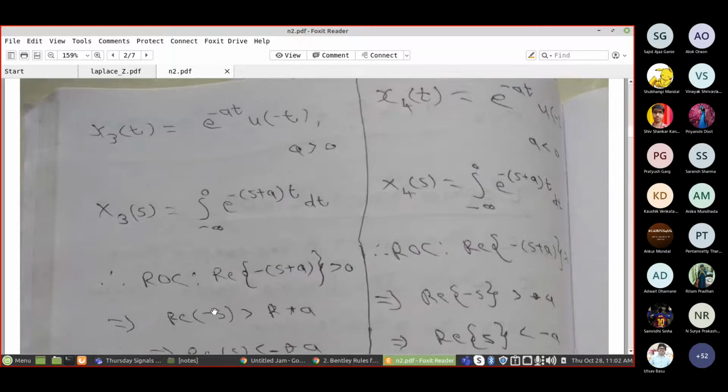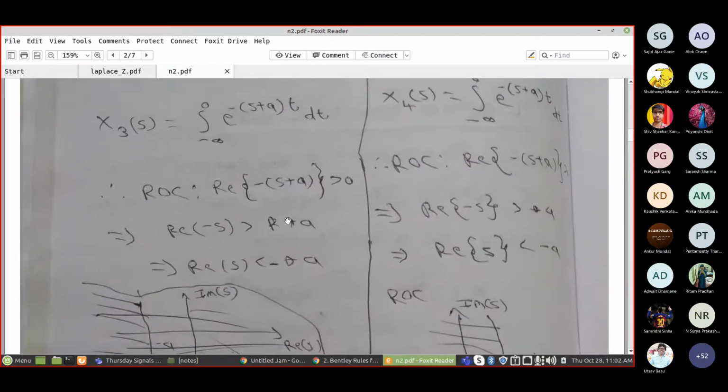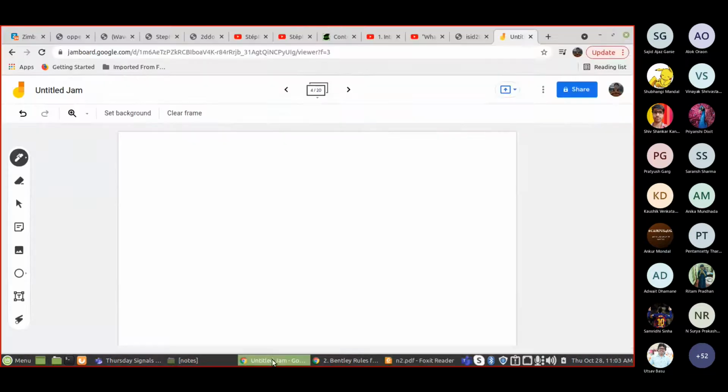Proceeding forward, you can do it like this, or maybe this is better. The real part of minus of s plus a is greater than 0.